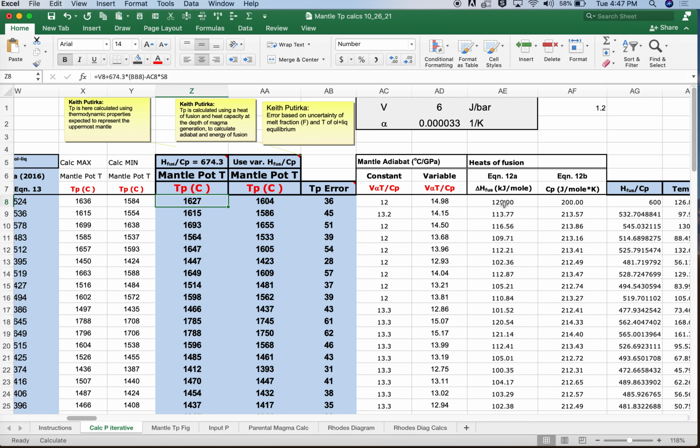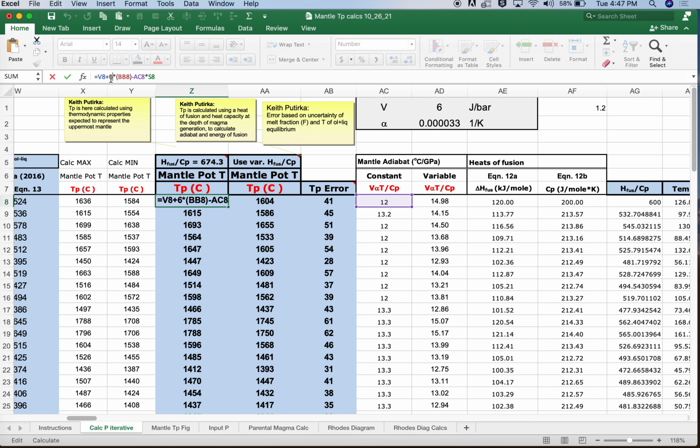So let's say you don't want to estimate these individually and you think the value should really be 500. This isn't really linked to an external cell, but you can just come over here and change this to, let's say, 500 or 700 or whatever you think it should be. Although I would recommend not going too far away from the calculated values here. But you can enter those values.